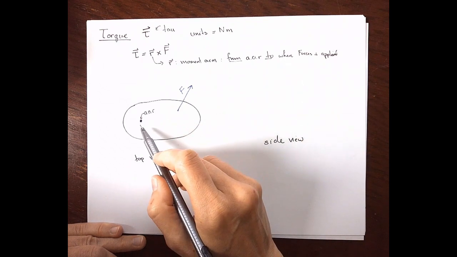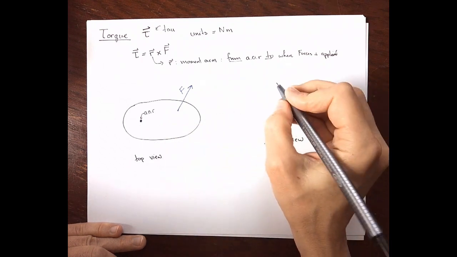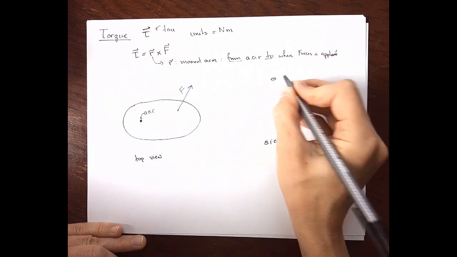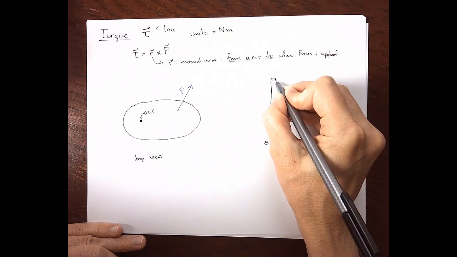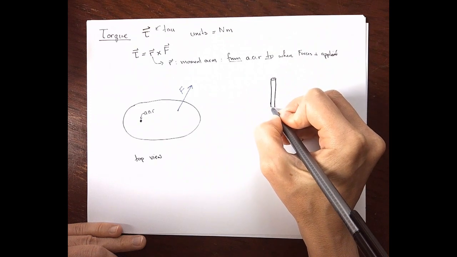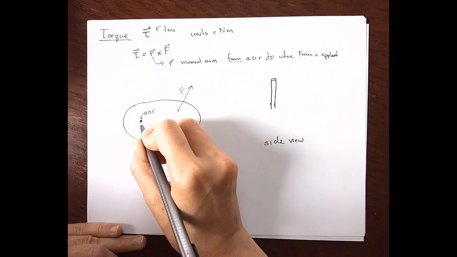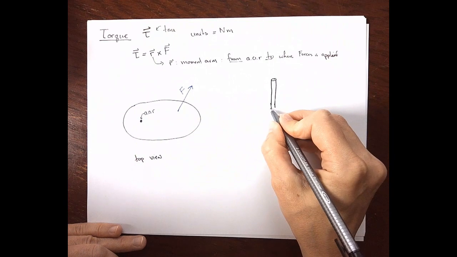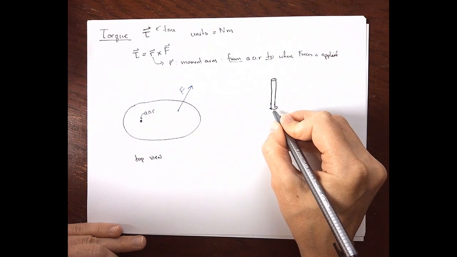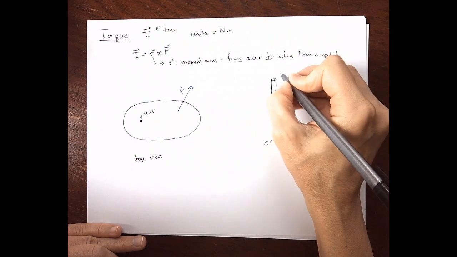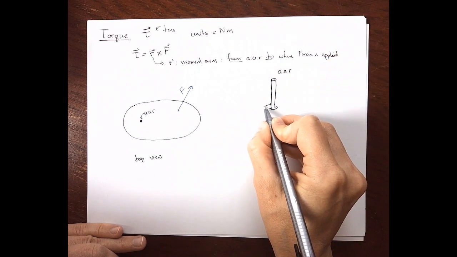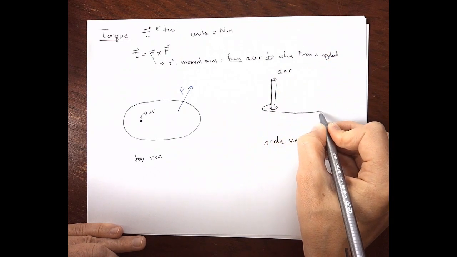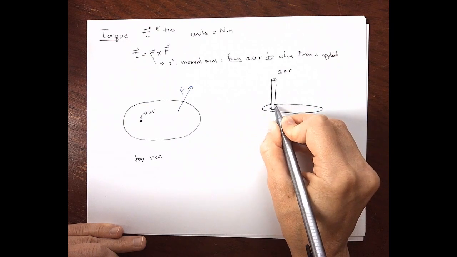So first we'll draw the axis rotation, which, remember, that's like the hinge or the axle or the pivot or whatever it is this thing is going to rotate around. So we could draw it as just like a column like this, something that maybe there's a hole in the object right there. So it fits around this column, so then it can rotate around it. So this is the axis of rotation. And then if we draw our object, now we're looking at it from the side, so it'll be kind of a squashed thing like this.